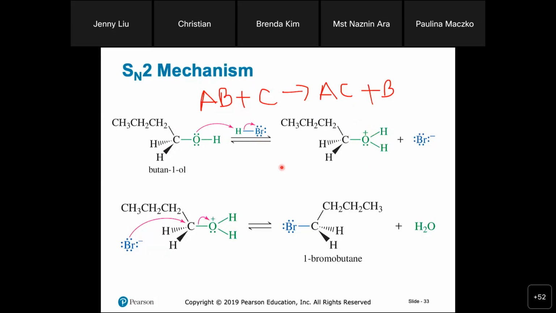So that's why this bromide will come here, and it will leave as H2O. When it leaves, oxygen is electronegative, more electronegative than carbon, so oxygen will take the bonding electrons. That's why you can see the neutral water molecule as a byproduct. So this is the mechanism of SN2.